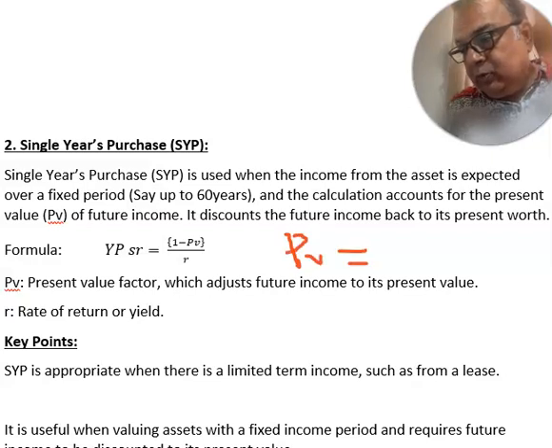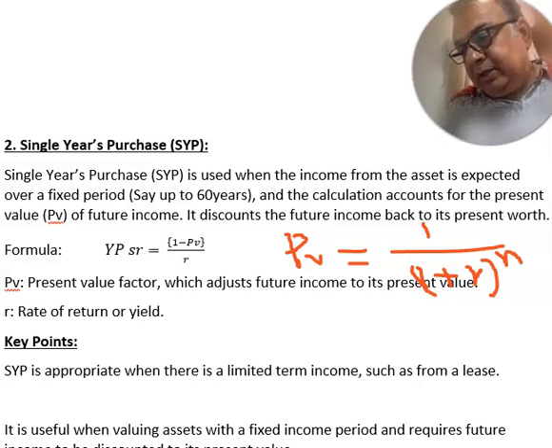It is equal to 1 upon (1 plus R) bracket close power n. You calculate the present value and put the present value formula directly here. Then 1 minus 1 divided by (1 plus R) power n, divided by R. So you will get the single year purchase.